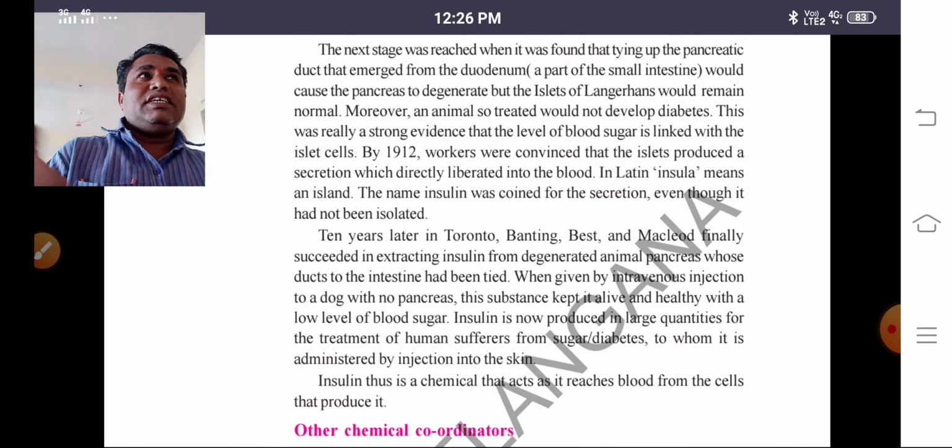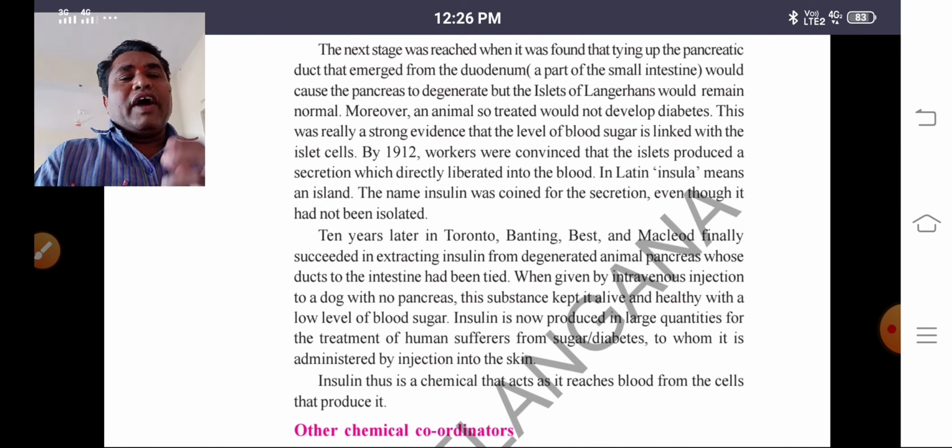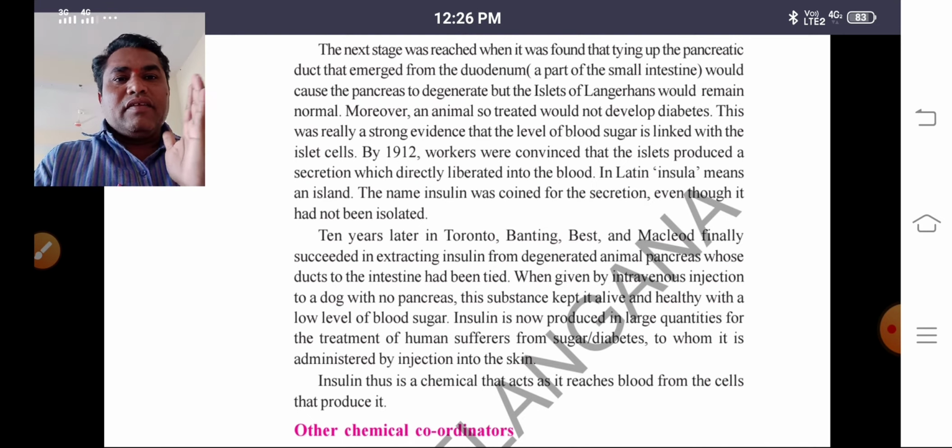Because already we inserted insulin. This insulin makes to lower the sugar level. So finally what we conclude, insulin is a hormone which is produced by the pancreas and it helps to reduce the sugar level. So finally this is you have to keep in your mind.